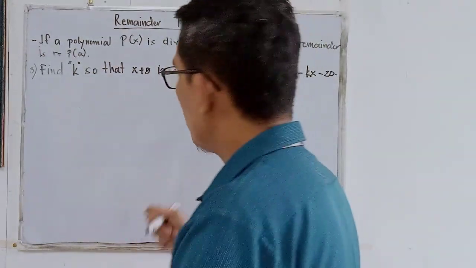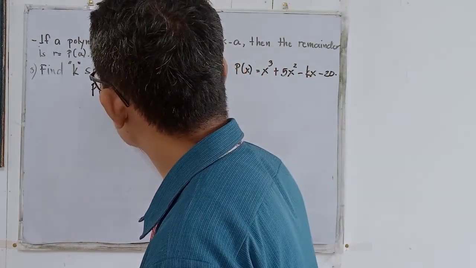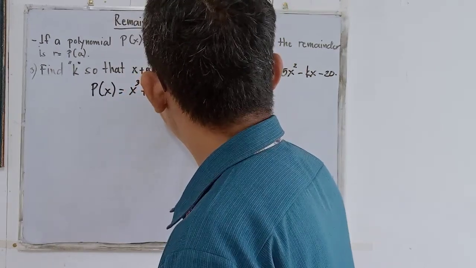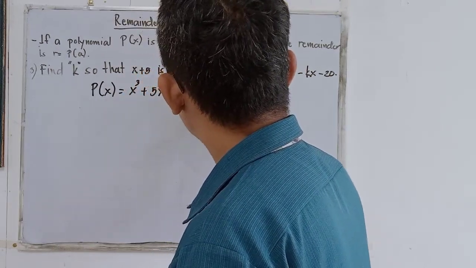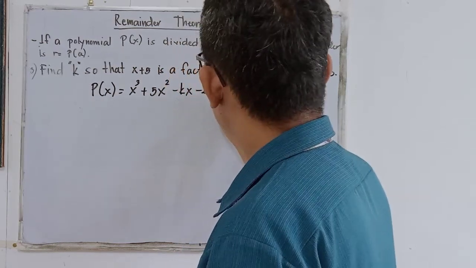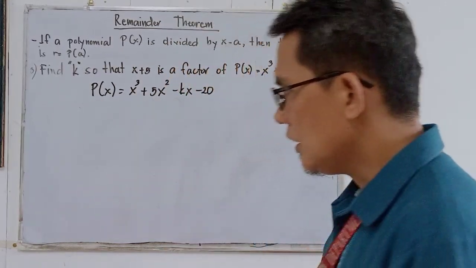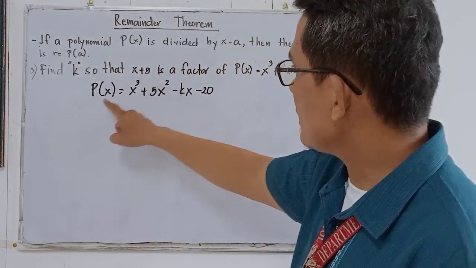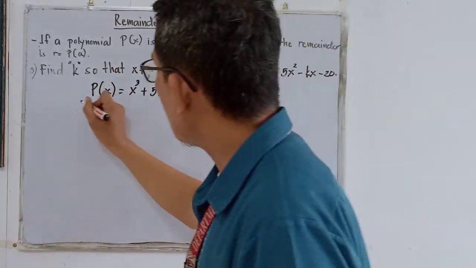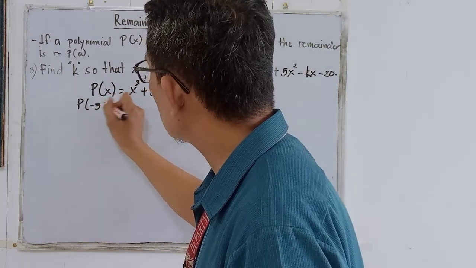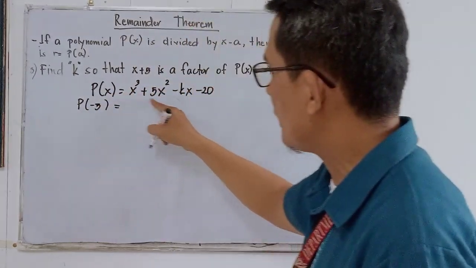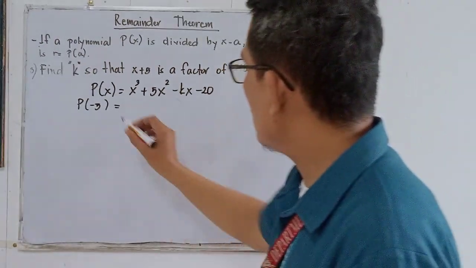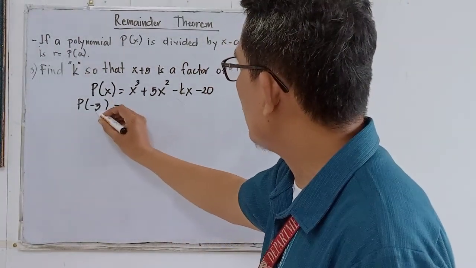So therefore, in order for us to solve for this one, p of x is equal to x cubed plus 5x squared minus kx minus 20. So again, p of negative 5 is a factor. So if we substitute negative 5 here, it will be equal to 0. So let us now substitute our negative 5.